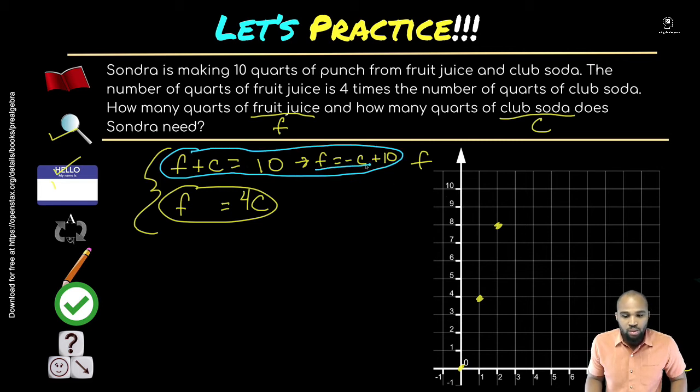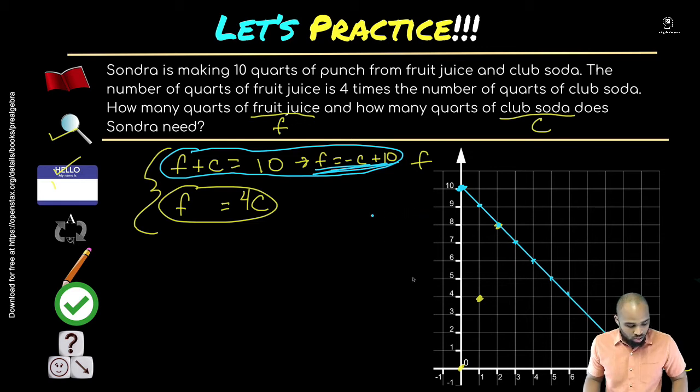So we're looking at this portion right here: F equals -C, that's the -1, and we're starting at a y-intercept of 10. So we're going down 1 to the right one, down 1 to the right one. You can see right here is where they cross. Now if I keep making those lines, I'll go ahead and connect this one.